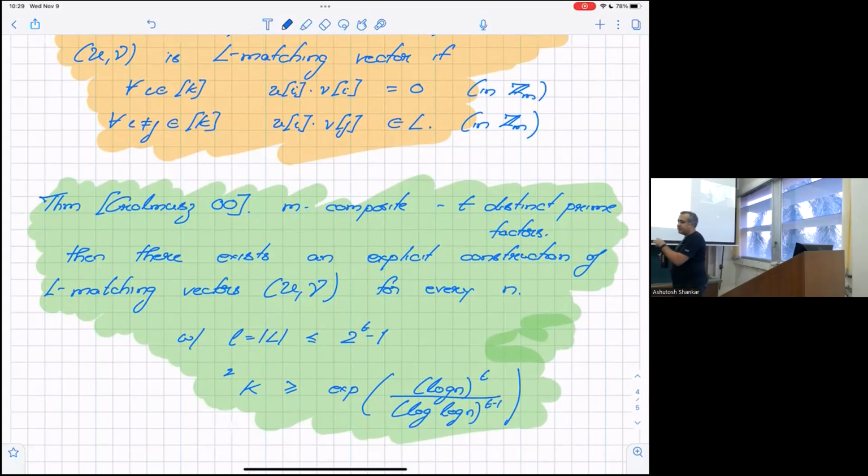We'll come to Prahladh's construction towards the end of the lecture. Prahladh's construction says you give me any m, which is basically you rule out the fact that it's a prime field, it's some composite.